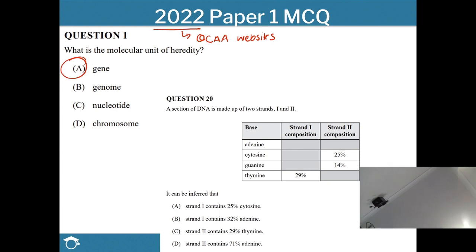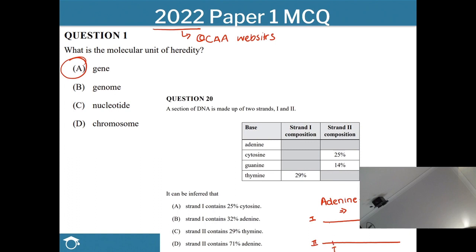Question 20. The section of DNA is made up of two strands, 1 and 2. Now, adenine will bind to thymine, so you would expect equal amounts of adenine and thymine on the opposite strands of the DNA. So this is strand 1, this is strand 2.